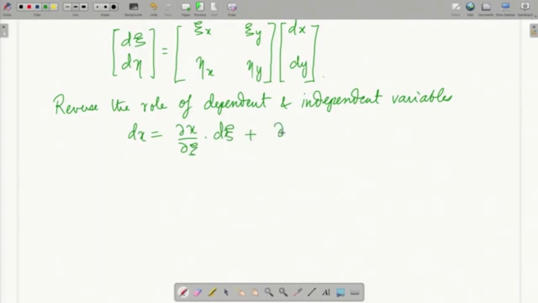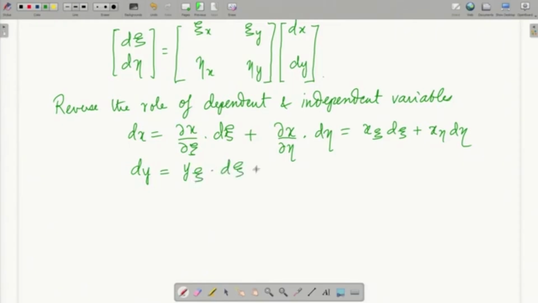Through this, you can write expressions for differential changes in x. Similarly, differential change in y. We will write it using the simplified nomenclature. So, from that you can get another matrix form.